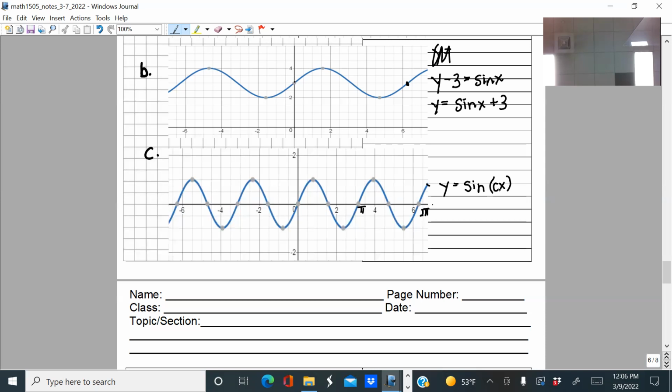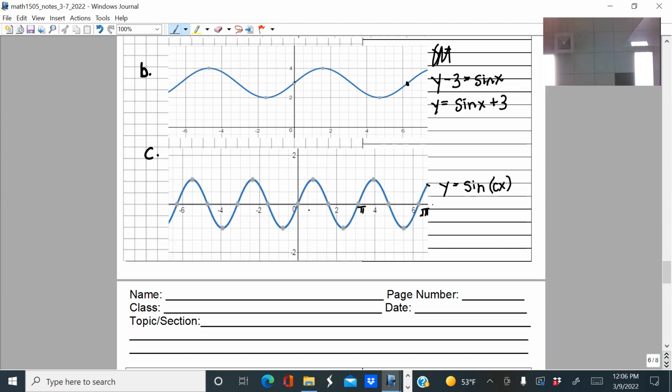Now, that constant depends on if you're shrinking or if you're stretching, right? We already decided we're shrinking here, and by what factor are we shrinking? That would be a factor of 2, right? Because the original sine curve goes through one cycle, one period, from 0 to 2 pi.